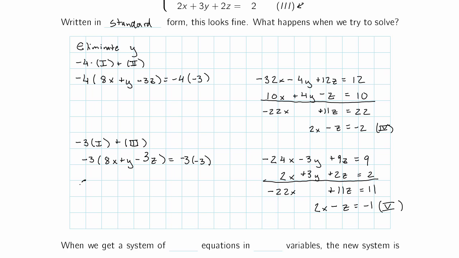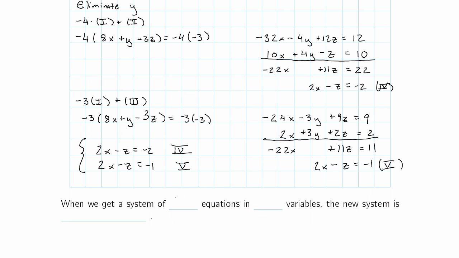Our new system of two equations in two variables, what happened here was those two lines are parallel. When we got our system of two equations in two variables, that's an inconsistent system. If we have a system of three equations in three variables, and we combine them to get a system of two equations in two variables that ends up inconsistent, the original system was also inconsistent.